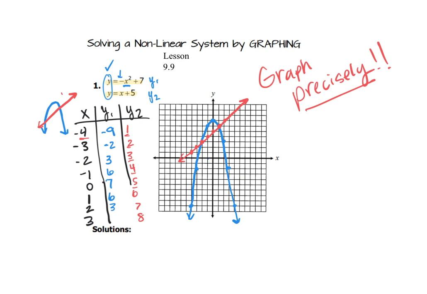Now, what are the solutions? That's what we got to answer right down here where I'm highlighting. The solutions. We crossed 2 times. We are crossing here and here. The solutions are written as ordered pairs where they are crossing. So I'm going to do that and show that in green right here. You can also see on the table, okay, the two y values are matching up. So the x value is -2, the y value is 3.